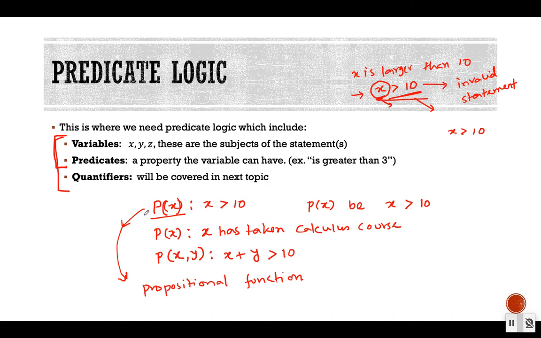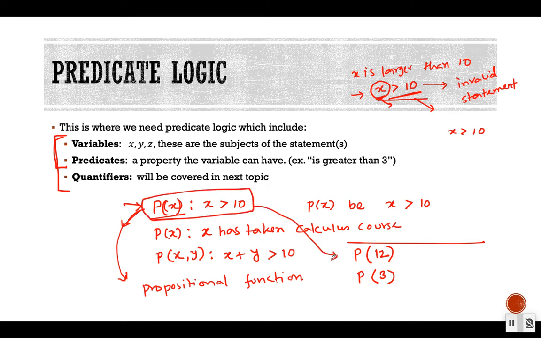For example, for this proposition, we can evaluate the value of 12 or 3. Now we can evaluate whether this predicate logic is true for x equals 12 or x equals 3.